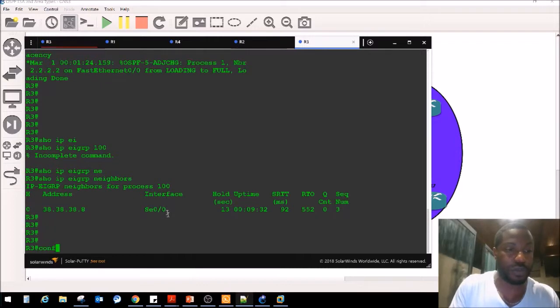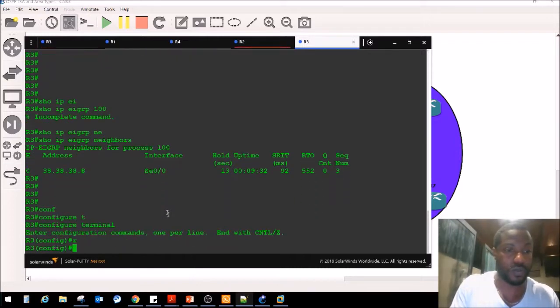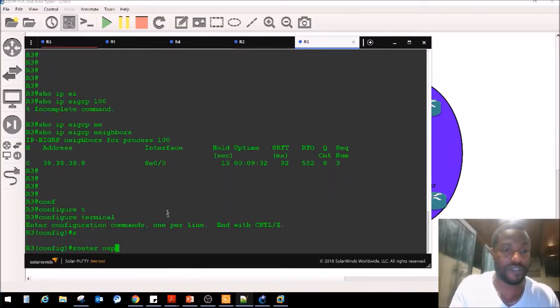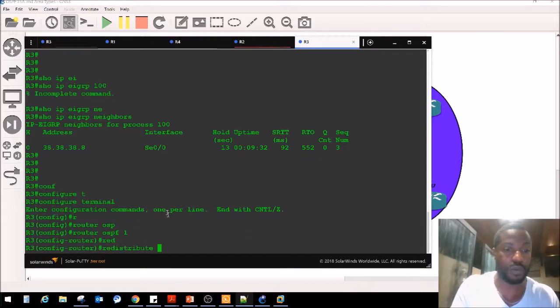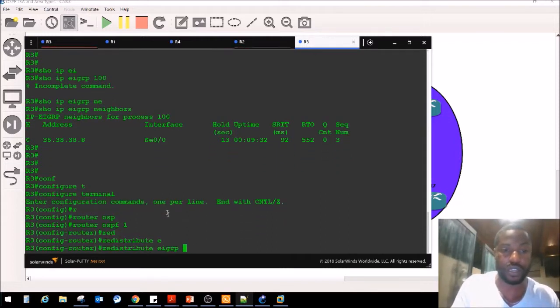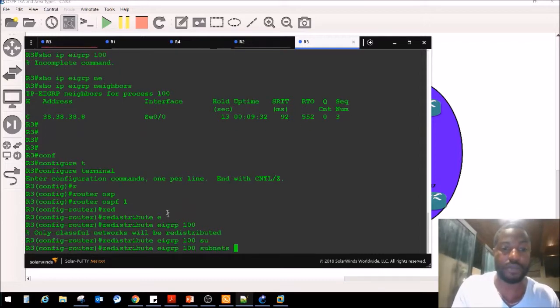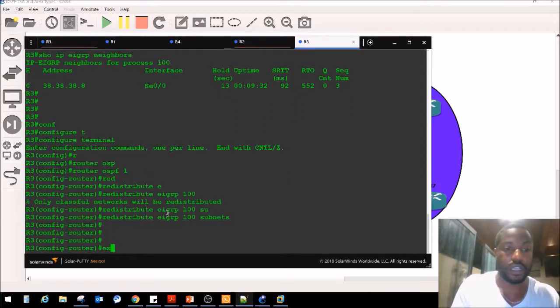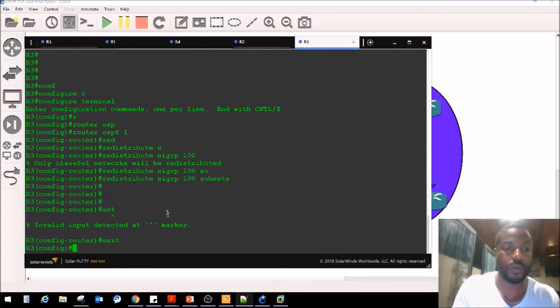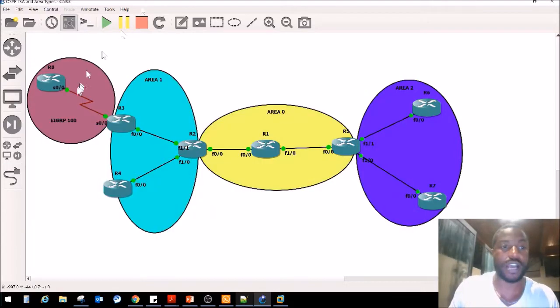Let's do some redistribution here. Router OSPF 1, redistribute EIGRP 100. It says only classful, so we need to do the subnets. So now we are redistributing EIGRP into OSPF.